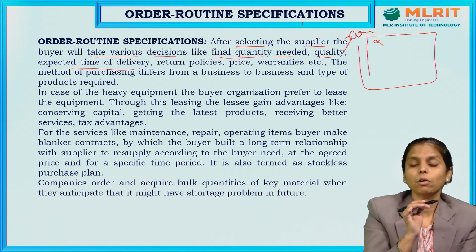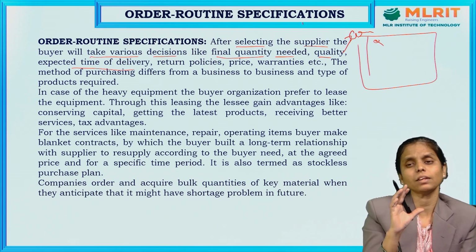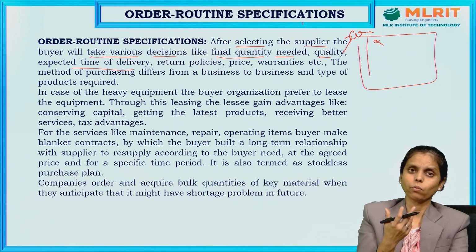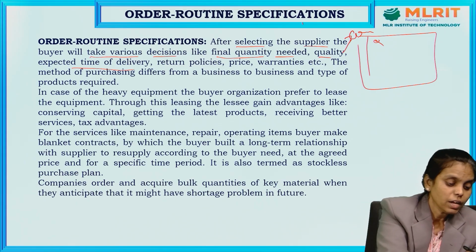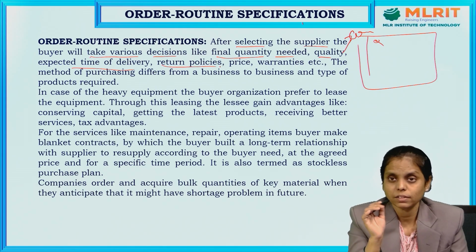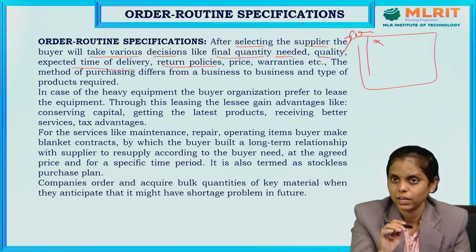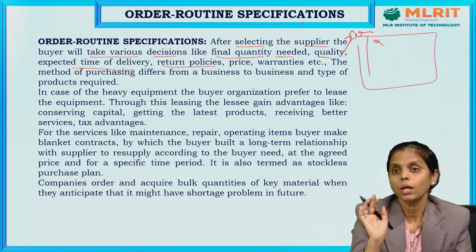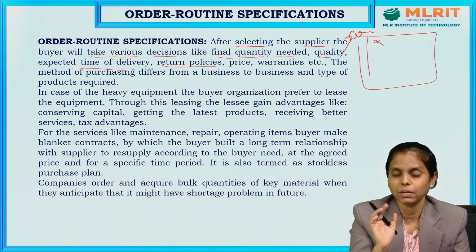Expected duration. We will clearly make it just like a contract. Once I place an order, how much time do you require to deliver that product? And the return policy, whenever any defect is identified. So, what is the return policy that we have? Mismatch of materials dispatched or delivered, how to rectify that?